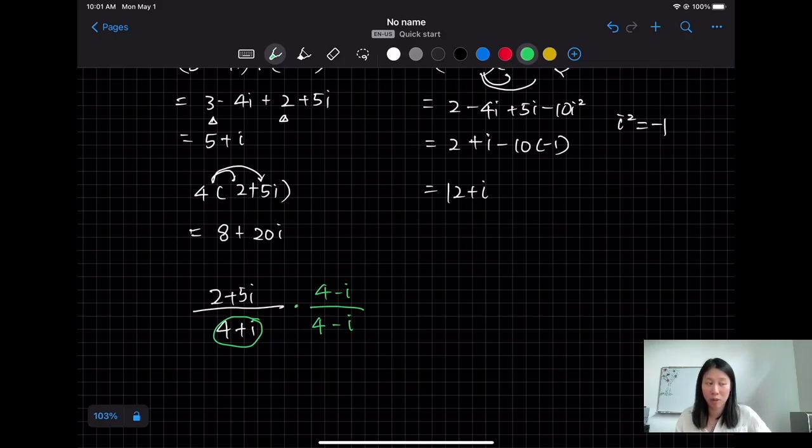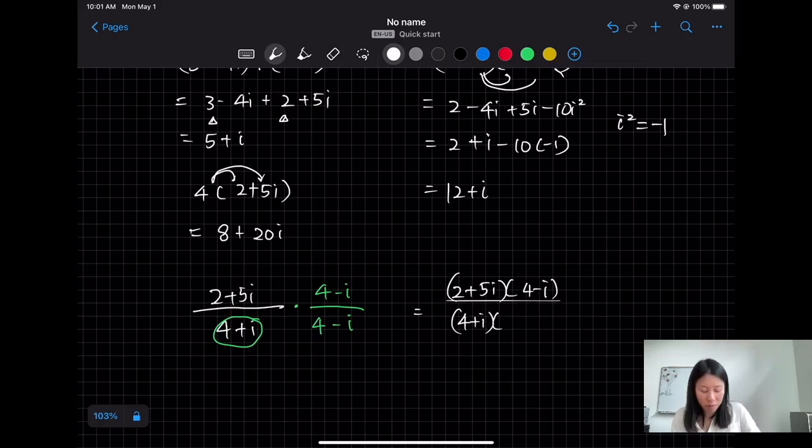Later I will talk about what a conjugate is. So why would I do that? Because on the top I have 2 plus 5i times 4 minus i, we just FOIL them out, but on the bottom I have 4 plus i and 4 minus i.